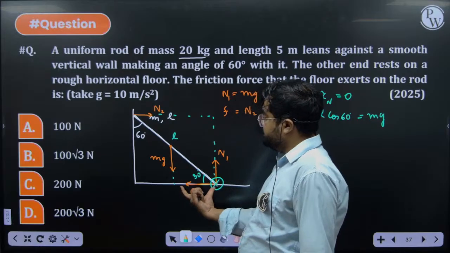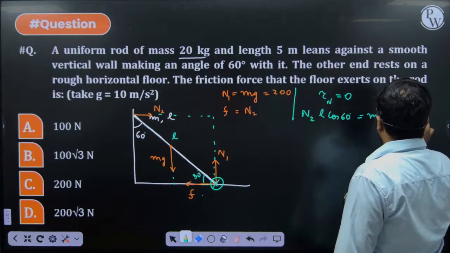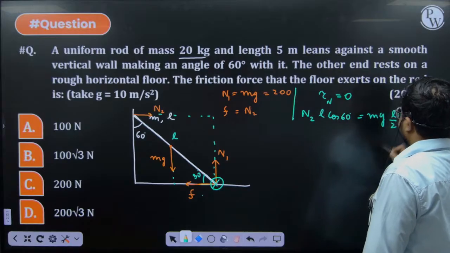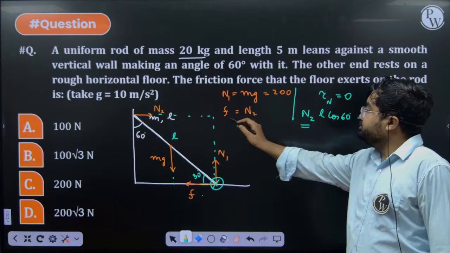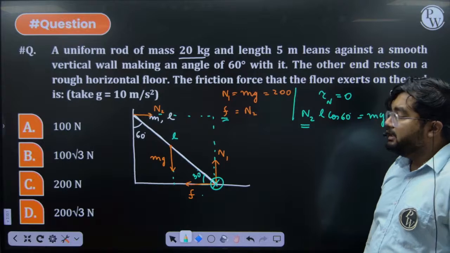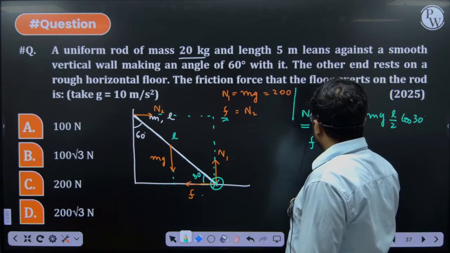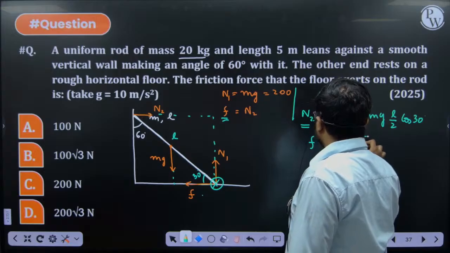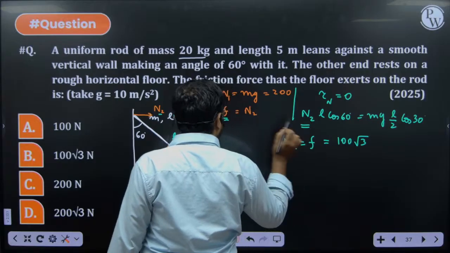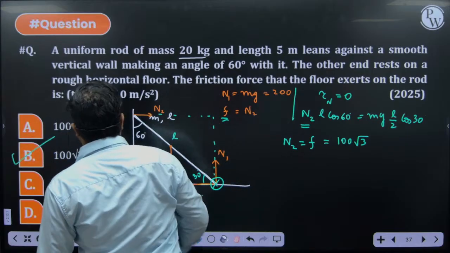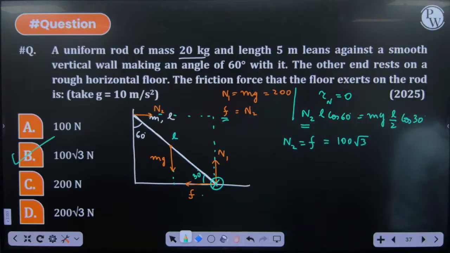This is to be L by 2 cos 30. So mg into L by 2 cos 30 degrees. And N2 is nothing but friction. If you solve this equation, you will get the value of friction as 100 root 3. Friction, that means N2, as 100 root 3. So the correct answer here is option B. I hope this is understood.